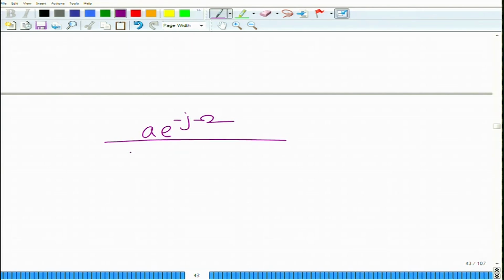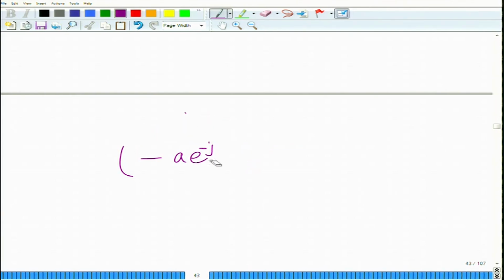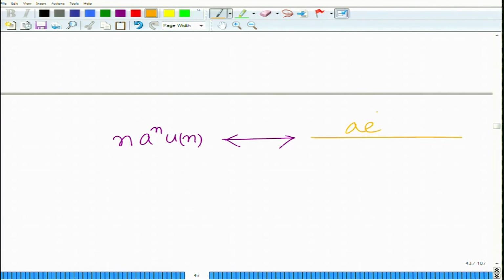Let me write it this way: n a^n u[n] has the DTFT a e^(-j omega) divided by 1 minus a e^(-j omega) whole square.